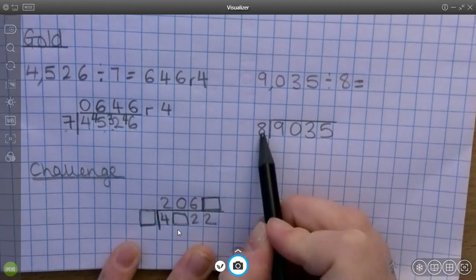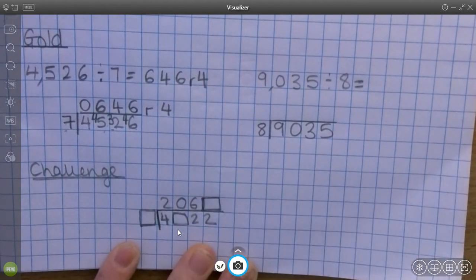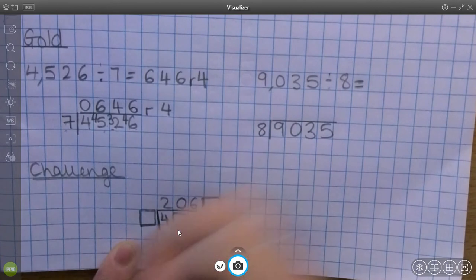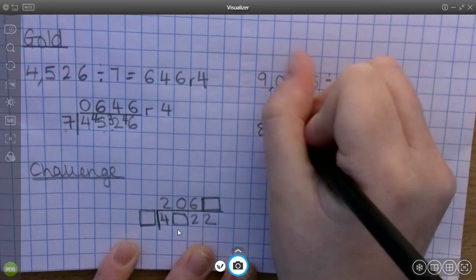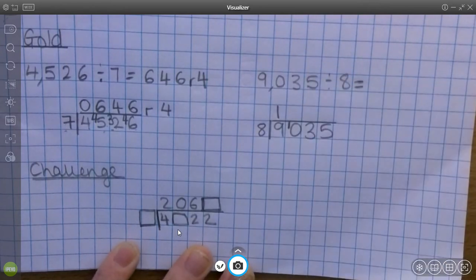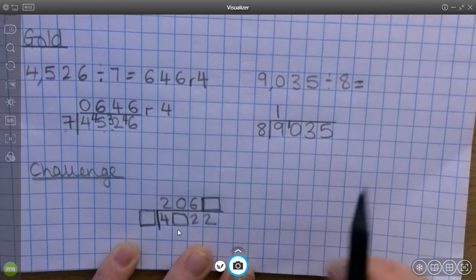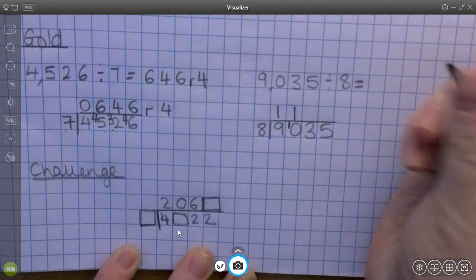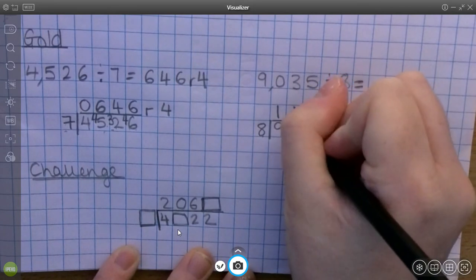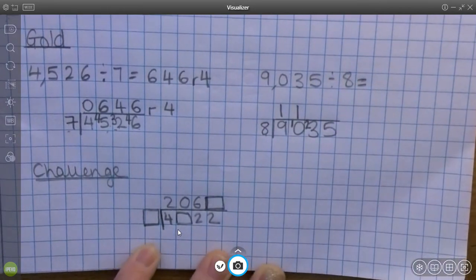How many groups of 8 can I get out of 9? I can get 1 group of 8 out of 9. Do I have any left? Yes, I have 1 left, so I need to regroup my 1 that is left over. So now I'm thinking about how many groups of 8 can I get out of 10? 1 group of 8 with 2 left over, so I'm regrouping the 2.